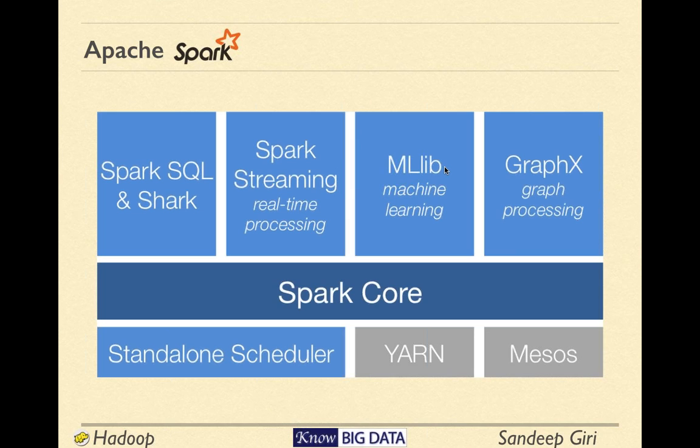It can run on top of Yarn, and it can run on top of another resource manager called Mesos. On top of Spark Core, you have MLlib, GraphX, and Spark Streaming. So Spark Core is the compute engine on top of which people have written libraries.